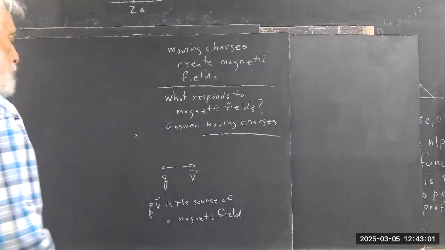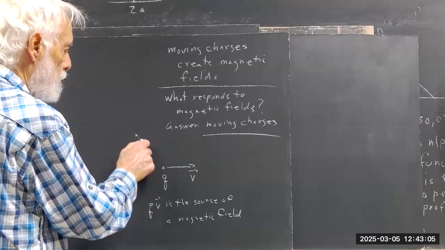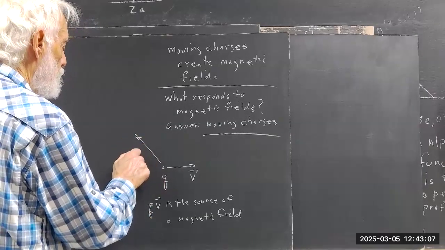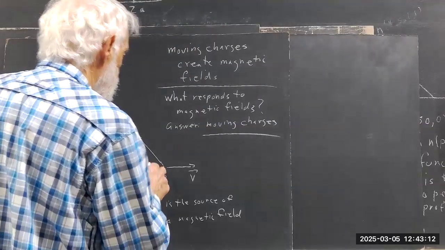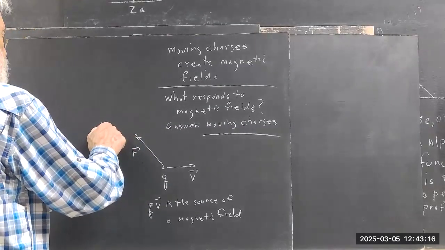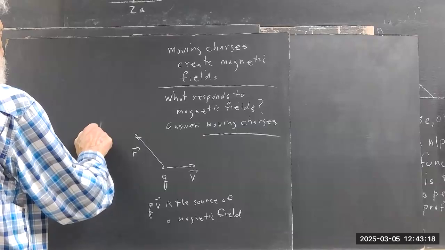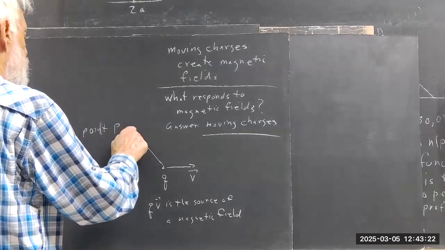If you go to a point P here, you've got your R vector from the position of the charge to the point.